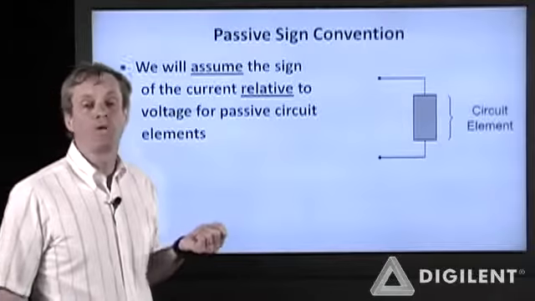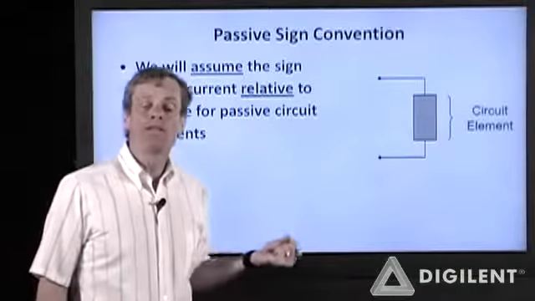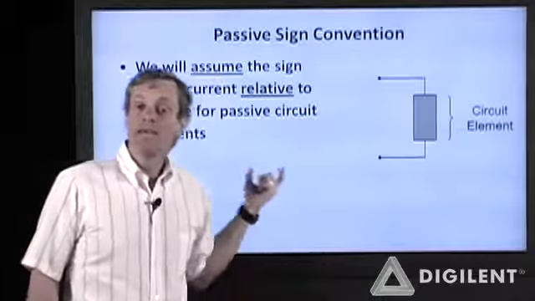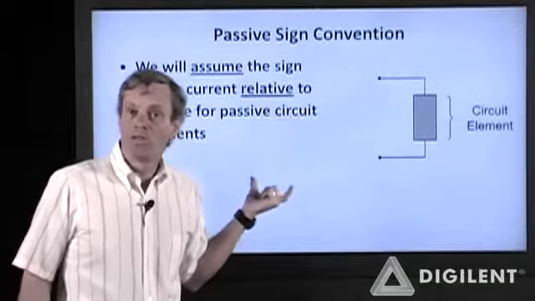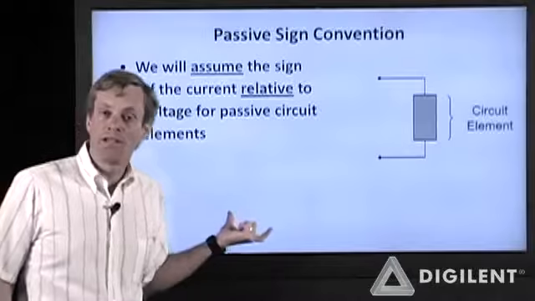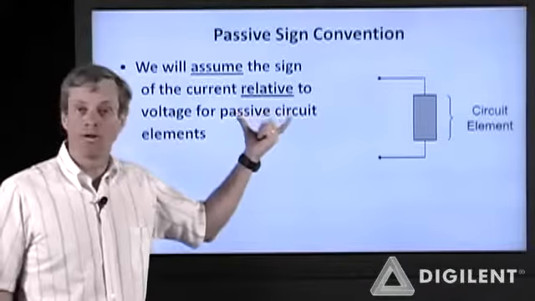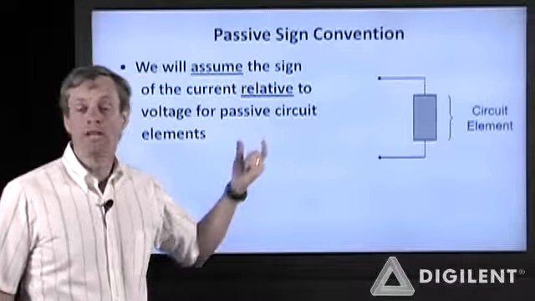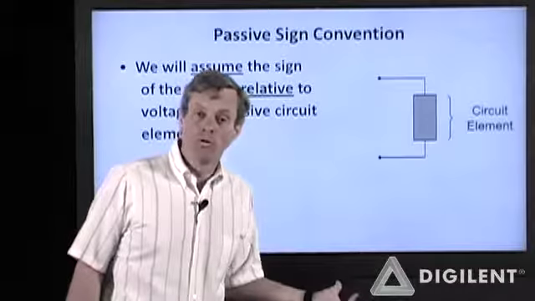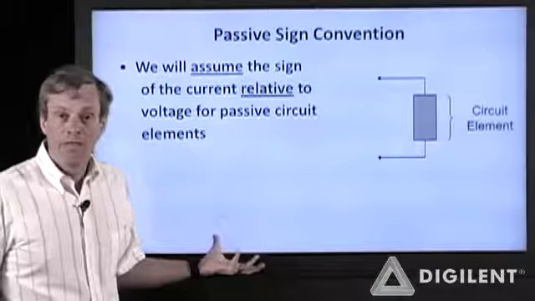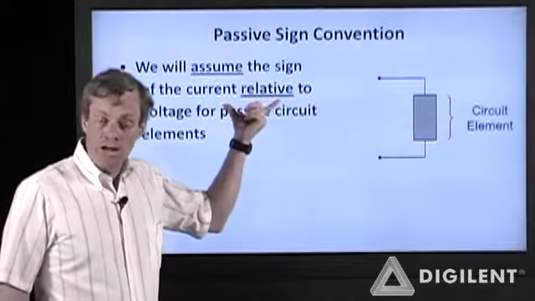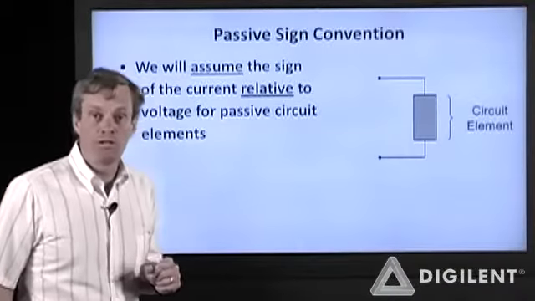So we're going to assume a current direction relative to a voltage polarity. Individually, we can make the current direction any direction we want it to be, but once we've chosen that current direction, we must be consistent with our assumed voltage polarity. Likewise, we could assume a voltage polarity. Once we've done that, though, our current direction must agree with that voltage polarity.